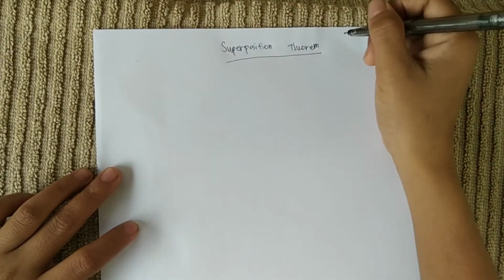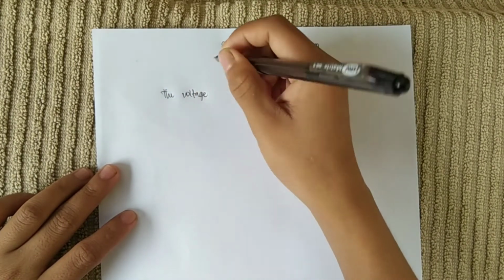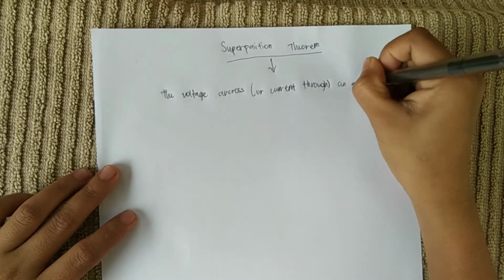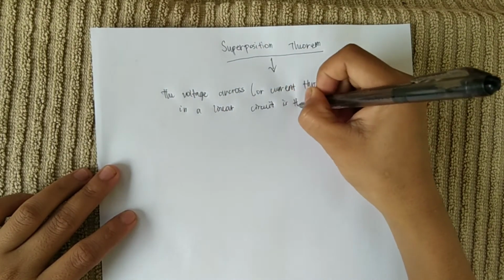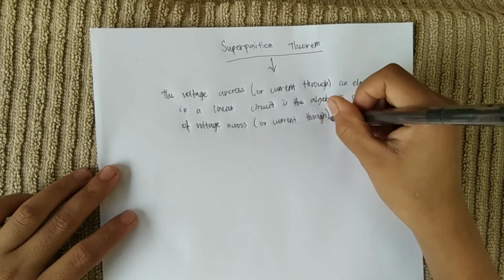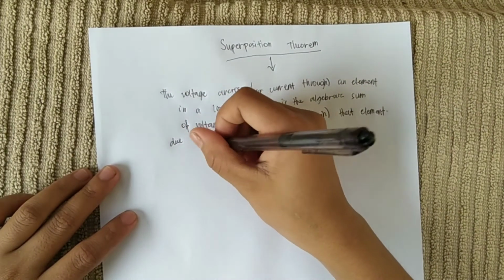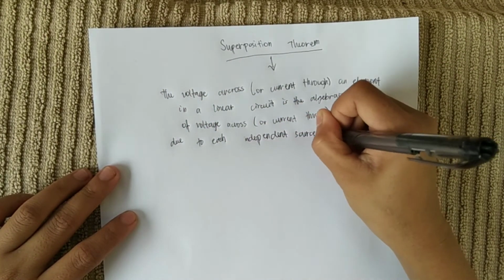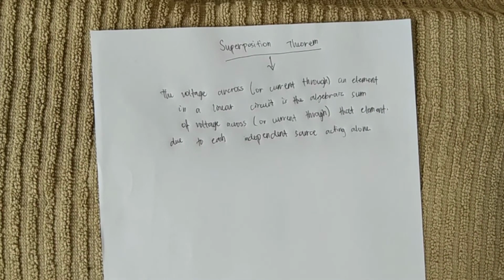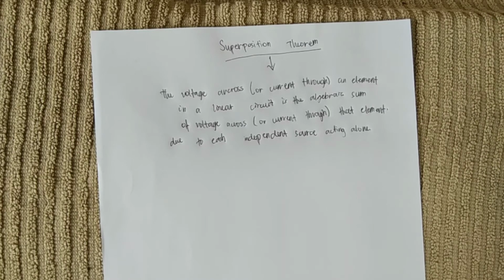Superposition theorem. So we have the next topic. The voltage across, or the current through, an element in a linear circuit is the algebraic sum of the voltage across or the current through that element due to each independent source acting alone.